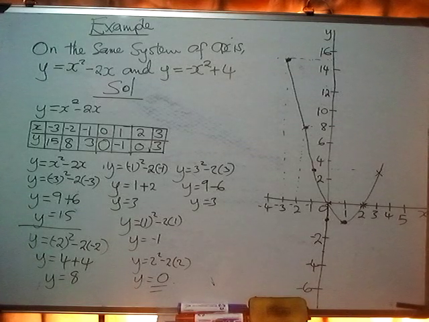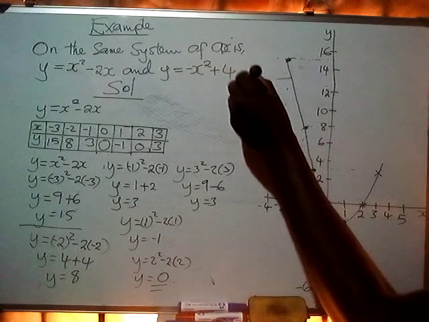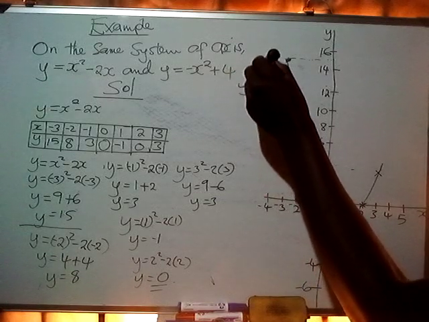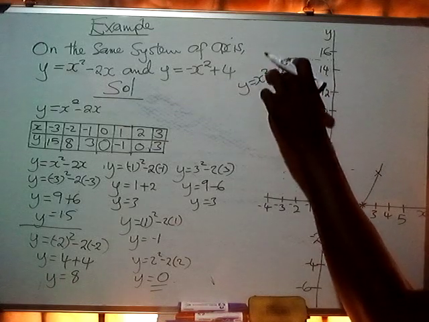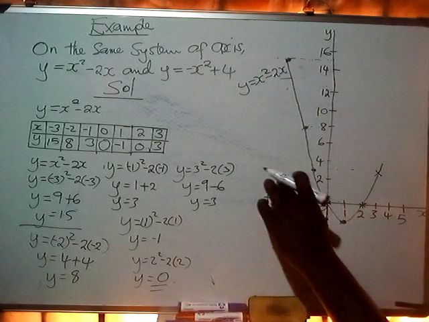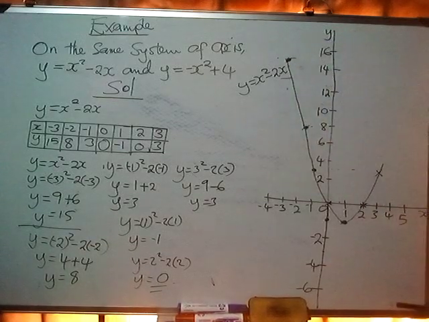We formed it because of the equation y is equal to x squared minus 2x. That is what we have.